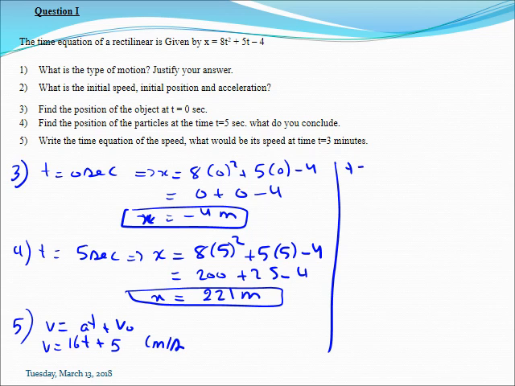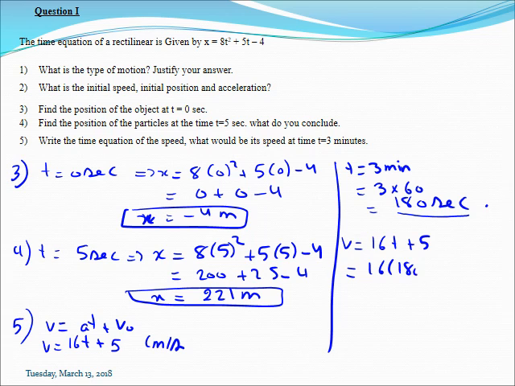At t equals 3 minutes, so it is 3 times 60, 180 seconds. At t equals 180 seconds, v equals 16 times 180 plus 5 equals 2885 meter per second.